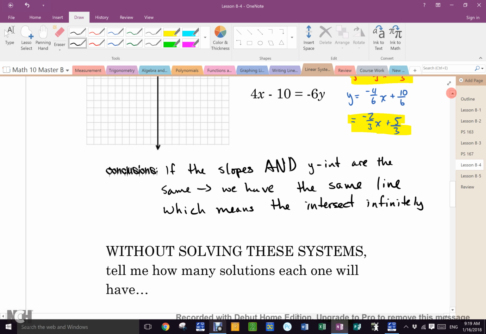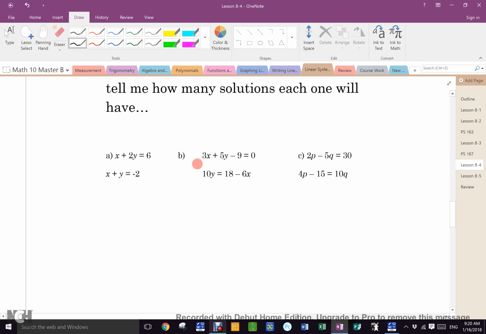If the slopes were the same, but the y-intercepts were different, how many solutions? None. If the slope and the y-intercept are the same, infinite solutions. So, without solving these, how are you going to tell me how many solutions they're going to have? All you got to do is find the slopes and the y-intercepts. Everybody cool?